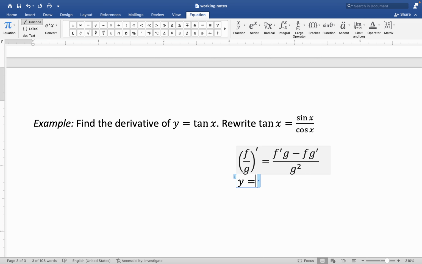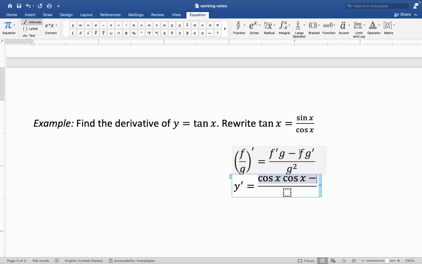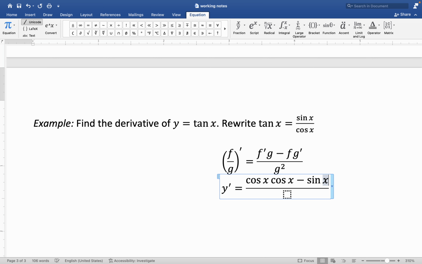So our derivative, y prime, is going to be, okay, f prime, that's the derivative of the top. The derivative of the top is cosine x times g, that's the bottom function left alone. The bottom function left alone is also just cosine x. Then we have a minus sign, and now we have the top left alone, and the top in our case is just sine of x times the derivative of the bottom.